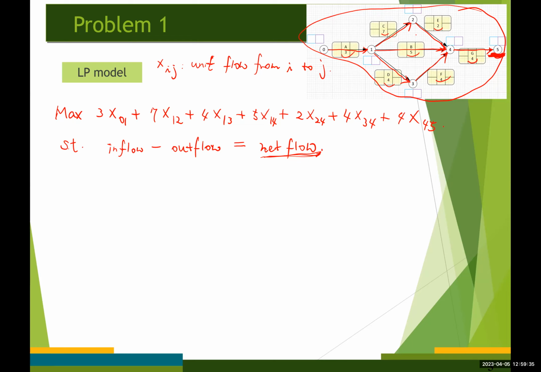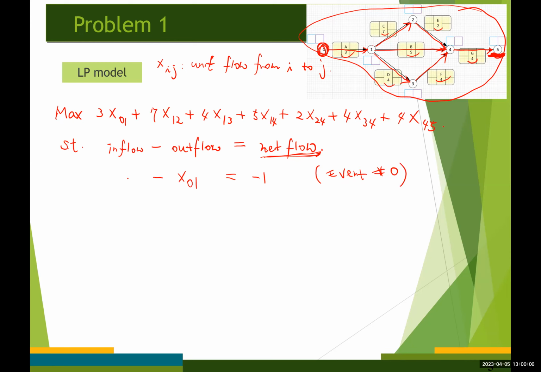So for event number 0, there is no inflow, but there is one outflow that goes to event number 1. So no inflow, but there is one outflow, x01, is equal to -1. That's for event number 0, right?